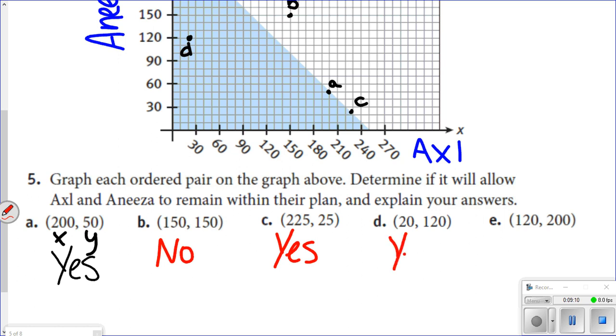D is yes, it's obviously within our shaded region. It's 140, so it works. That's less than 250. E is no, it's not in my blue shaded area. It's outside in the white. And when I add those two things together, I get 320, which is over or outside our 250 mark.